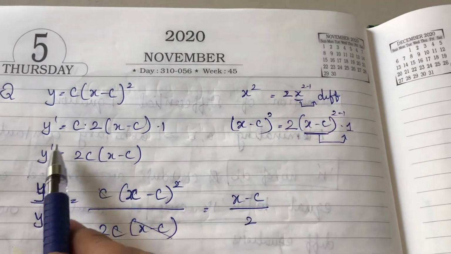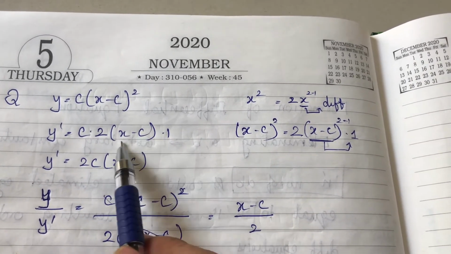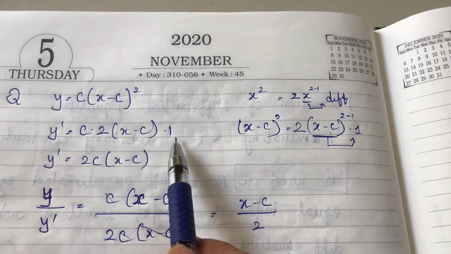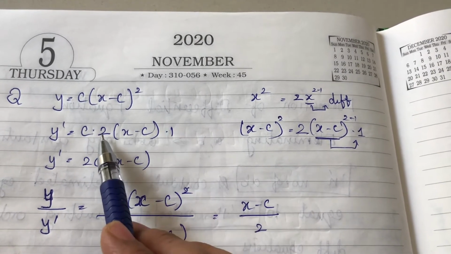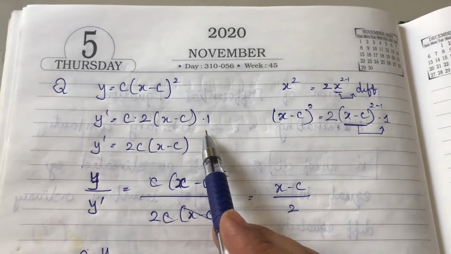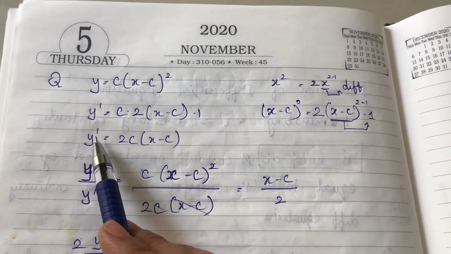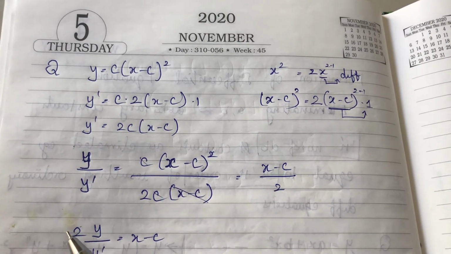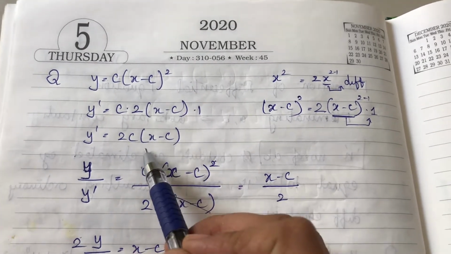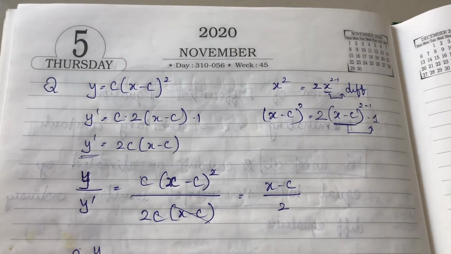So this is the thing I have written here. c into bring the power before, minus 1 to the power and then differentiate the base. I have got one equation. I need not find y double dash because there is only one constant, right? So one derivative is enough.